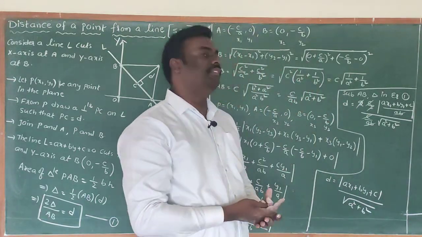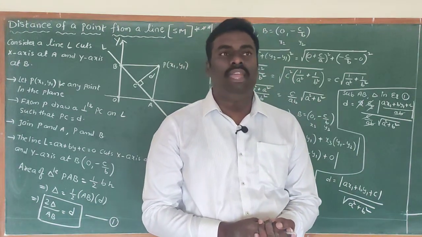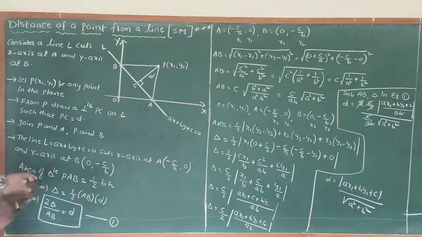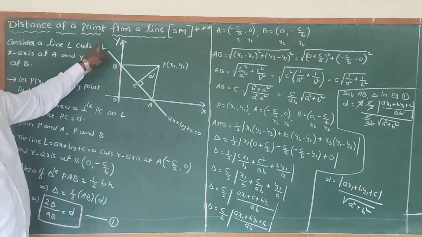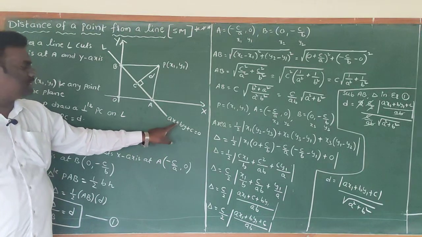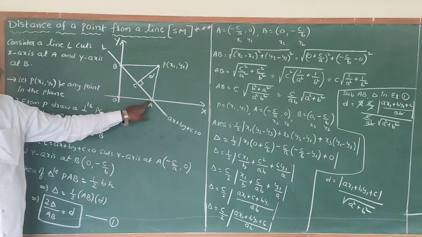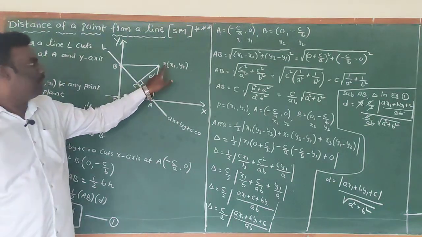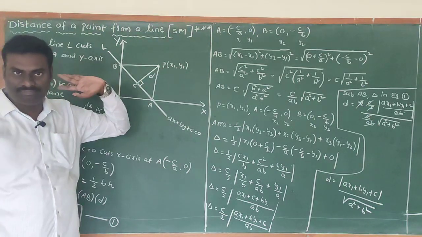This is the formula for distance of a point from a line. Children, once again we observe, we need to find the distance of a point from a line. That's why first I took a straight line L. This is general form, AX plus BY plus C equals to 0. This line cuts x axis at A, y axis at B. Next I am taking P(x1, y1) is any point in the plane.